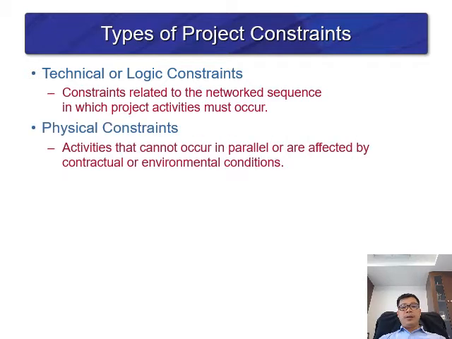Secondly is the physical constraint, where activities cannot occur in parallel or are affected by contractual or environmental conditions. Some work cannot be done in parallel, like work A and work B starting and finishing at the same time.